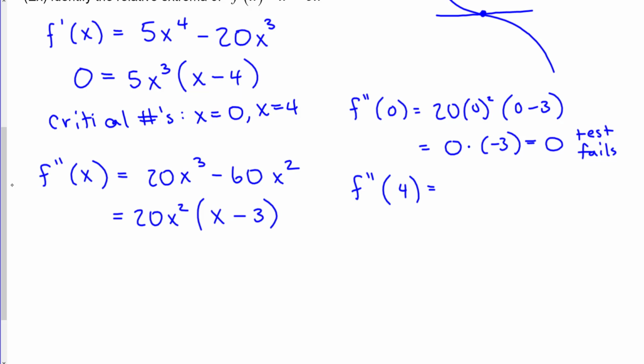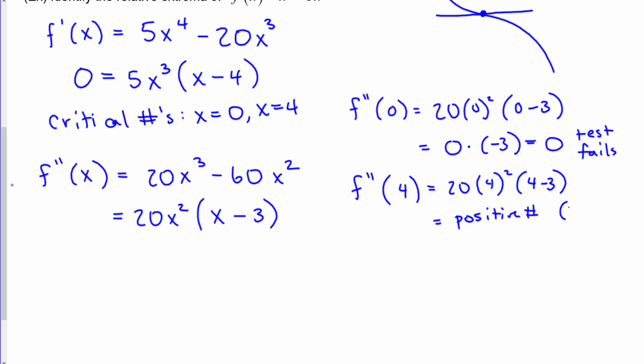If we can get a little bit of information, that's definitely going to be helpful. All right, so the second derivative evaluated at 4 would be 20 times 4 squared times 4 minus 3. 4 squared is 16, and 16 times 20 is 320, though it doesn't really make a whole lot of difference. The result here is a positive number.